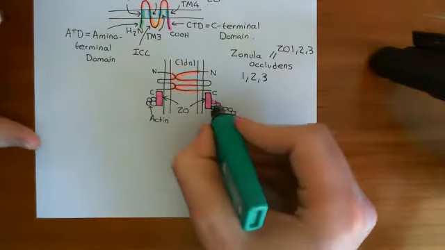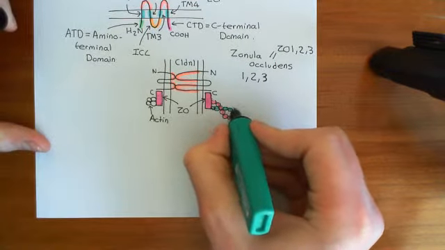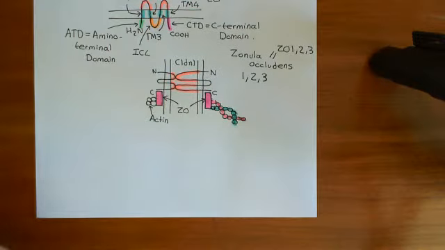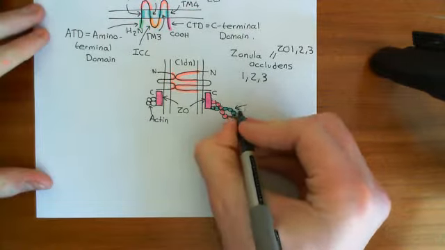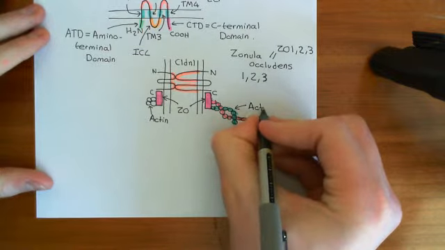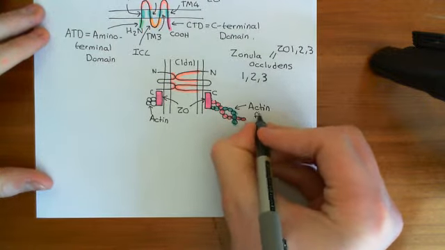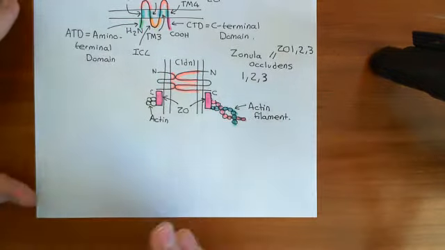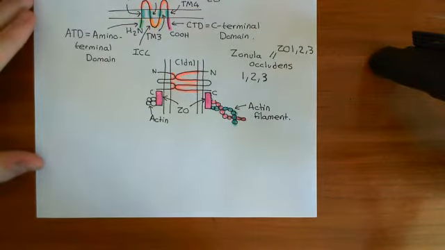Then this one at the moment is at the back, and then it's wrapping round out and over like so. Here is our actin filament, and the zonular occludins proteins are capable of binding to actin filaments and thereby attaching the claudin proteins onto the cytoskeleton of the cells.